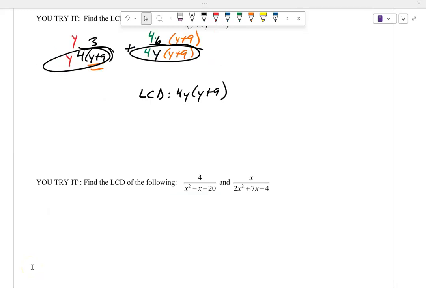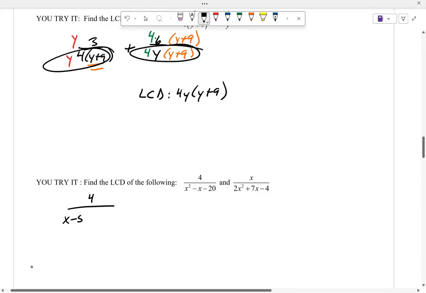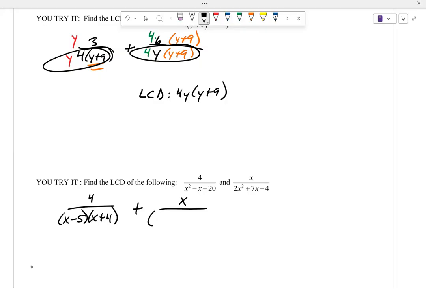And finally, our last one, to find our least common denominator before we actually add them. I would go ahead and factor this. Again, we're going to imagine that we are adding these up. So this would have to be a 2x and an x, 4 and a 1, so that would be a plus and a minus. Okay, they both have an x plus 4, so I'm happy about that.